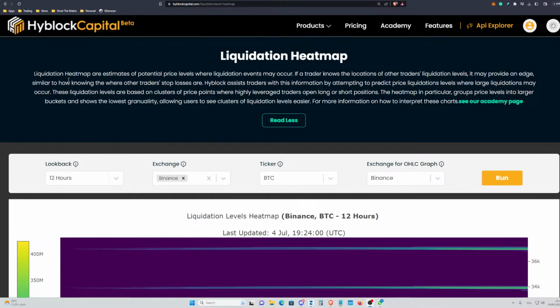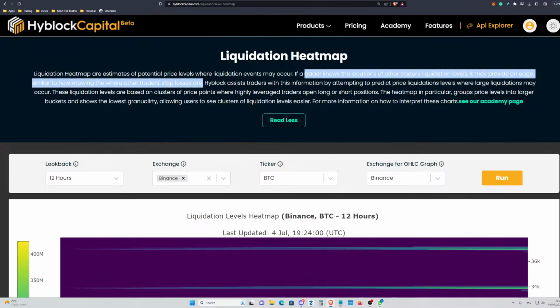So liquidation heat maps are estimates of potential price levels where liquidation events may occur. If a trader knows the locations of other traders' liquidation levels, it may provide an edge, similar to knowing where other traders' stop losses are.